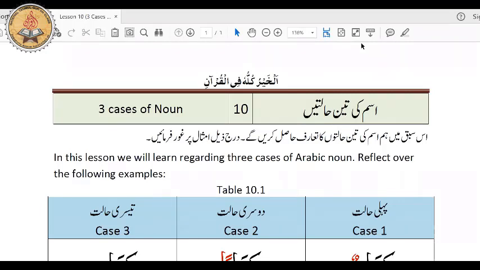But before going further, I would like to give the mic to someone so that I may check that my voice is reaching you and you can see the screen comfortably. So I would like to give the mic to M7029. Assalamu alaikum. M7029.